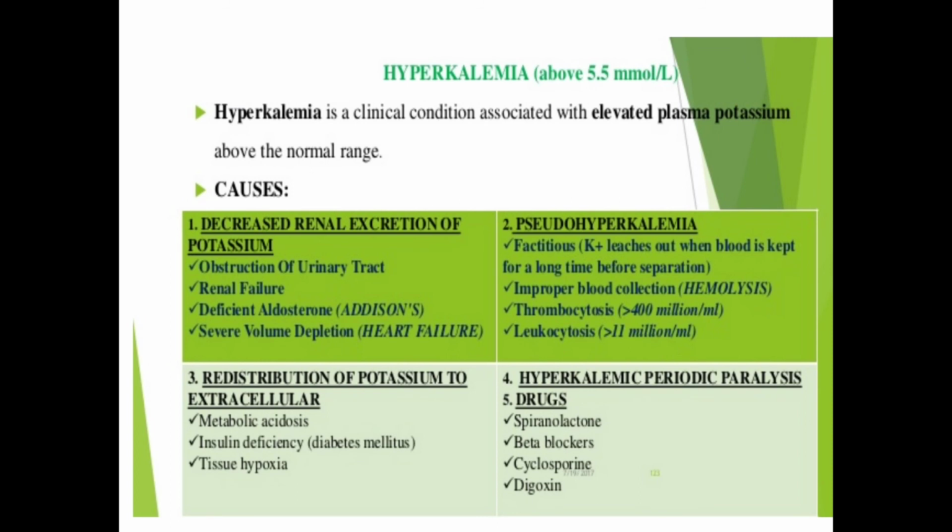Thrombocytosis: thrombocyte means platelet, if it is higher than 400 million per ml. Leukocytosis means increased white blood cell count, above 11 million per ml. The third cause is redistribution of potassium to extracellular fluid, mainly metabolic acidosis, diabetic ketoacidosis being the example.